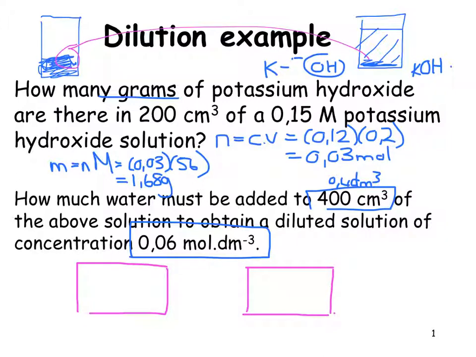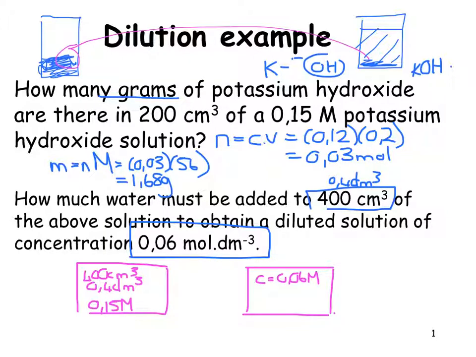My first container is, I'm going to take 400 centimeters cubed, which is the same as 0,4 decimeters cubed, and the concentration is 0,15. In my second container, I am going to have a concentration of 0,06 molar.